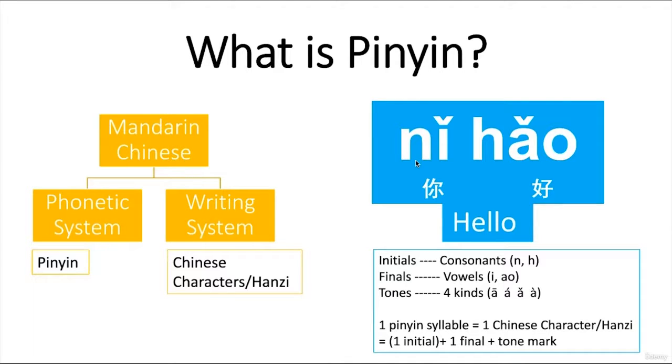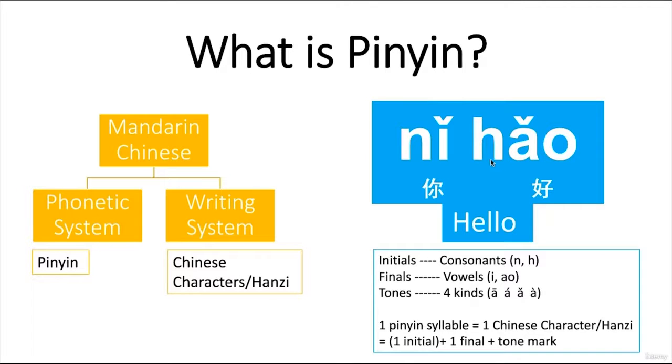The first letter N is the initial. The letter I is the final. And on the top of I, there's a V-shaped mark, which is the tone. Here we use the third tone, and there are four tones in Chinese pinyin: the first tone, the second tone, the third tone, and the fourth tone.